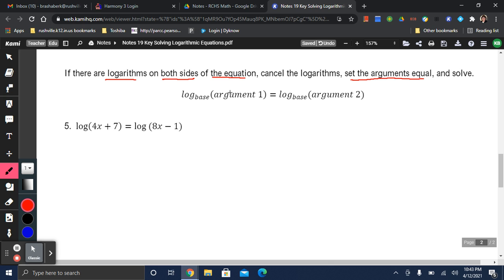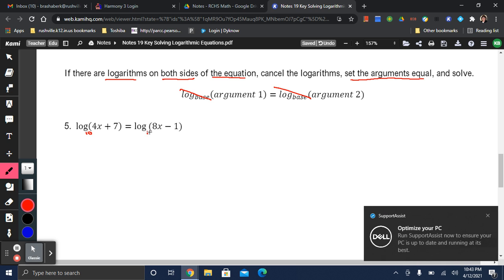So if you have log base and your argument equals log base and a different argument, you're just going to cancel those and set the arguments equal. Like we have here, this is log base 10. Remember, when the base is not showing, it's known to be a 10.